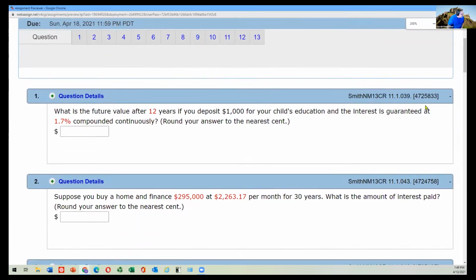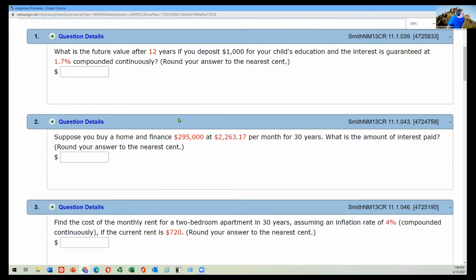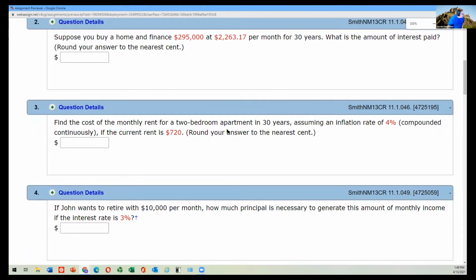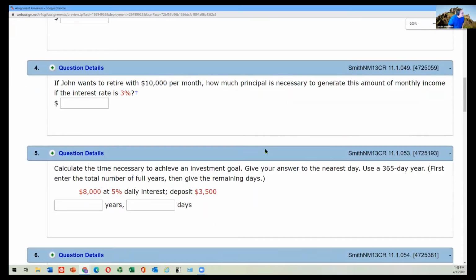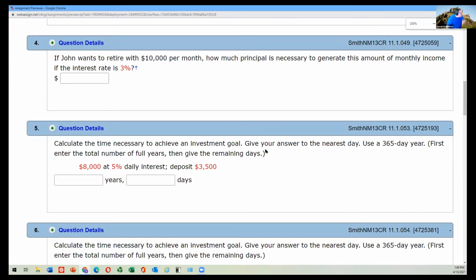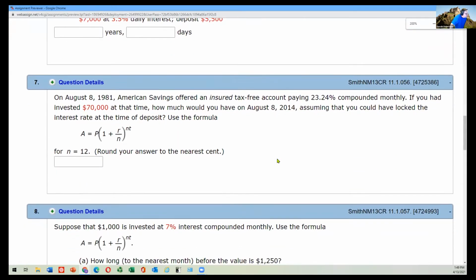Okay. So the first question is very similar to what we've done today. I'm going to talk about these guys later. These are inflation rate questions. Okay, question 7 is a future value question. They're kind of nice here.